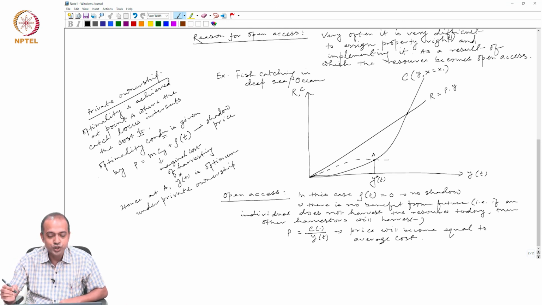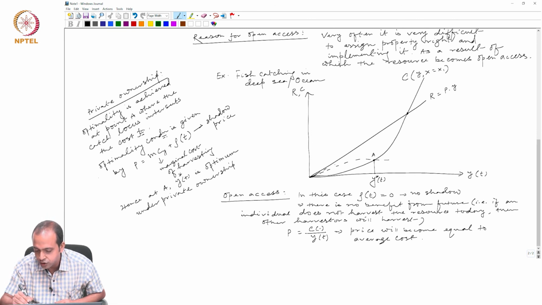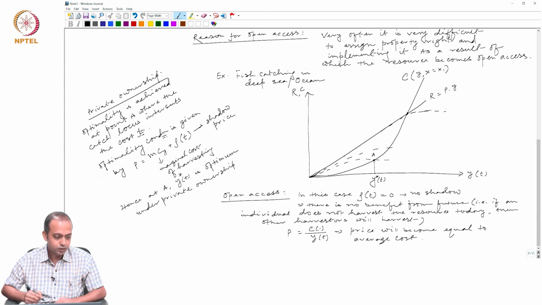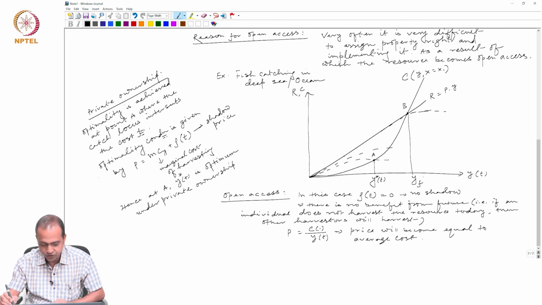As a result, equilibrium happens at a point where cost equals revenue, just the break even, with no positive profit. Some catch locus will pass through this point. This is the point where optimality is achieved, here at B in case of open access resource, and this is called YF, the optimum rate of extraction in the context of open access resource.